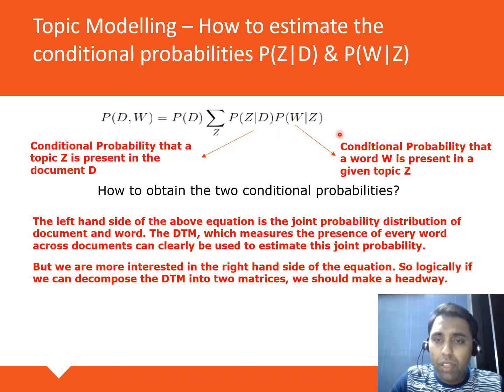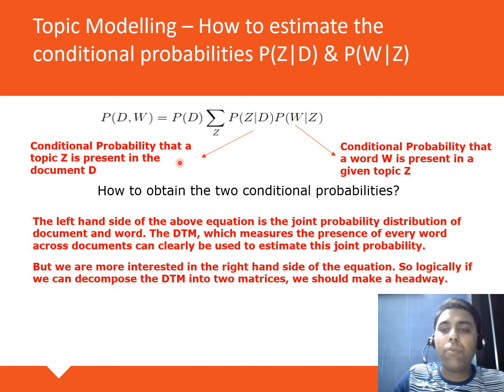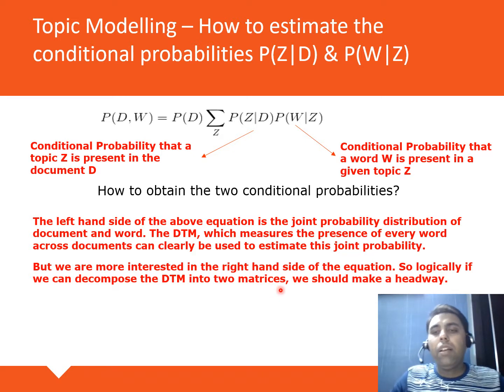Whereas on the right hand side we have the product of these two conditional probabilities, which are of paramount importance to us as far as the objective of topic modeling is concerned. So if we can somehow decompose the document term matrix into two matrices, then I think we have a way to move ahead. Let's see what's the way.